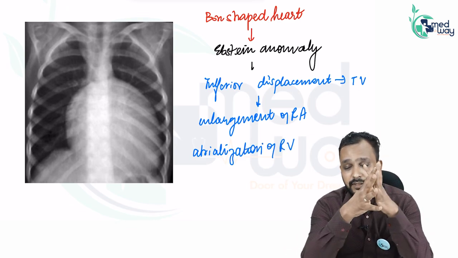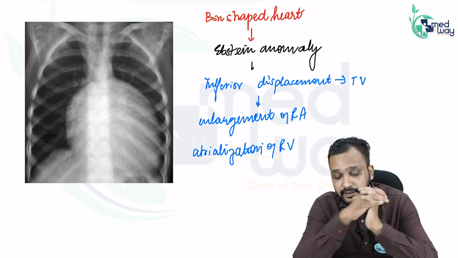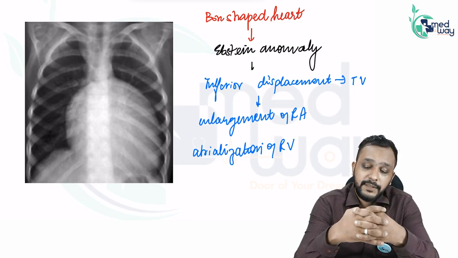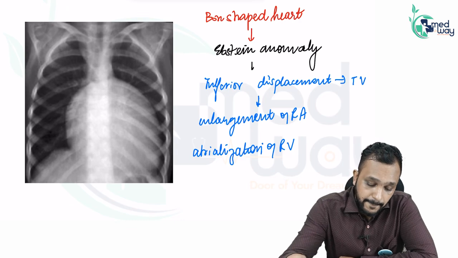And because of the decreased size of the right ventricle, there is decreased blood flow going to the lungs, and this will result in cyanosis in the baby.